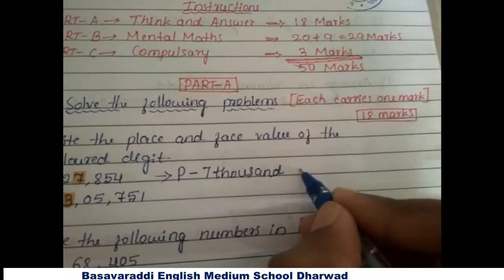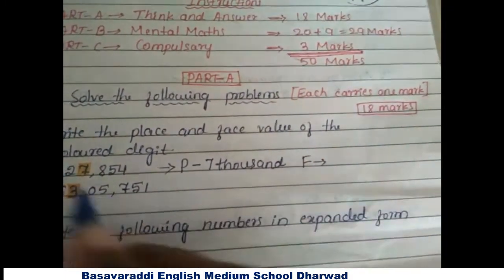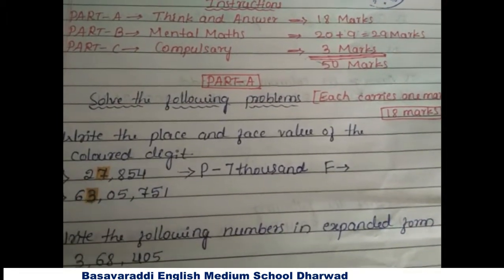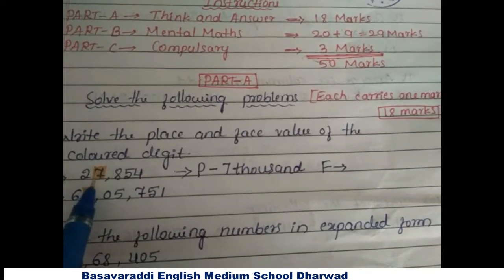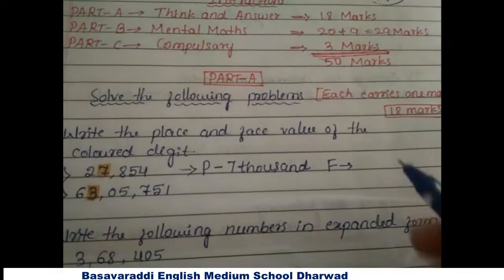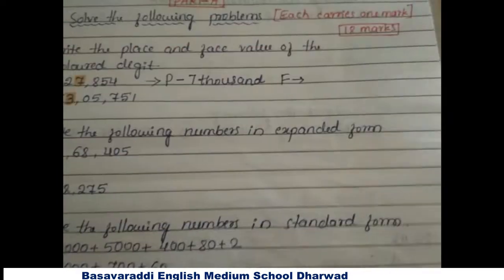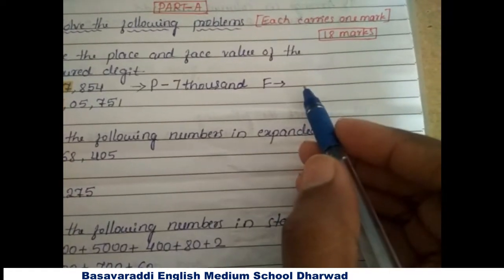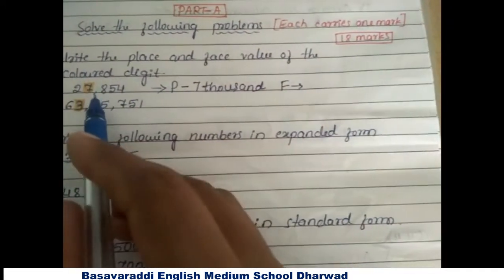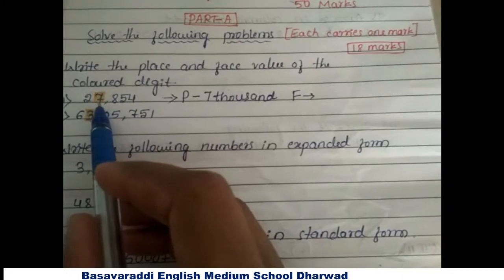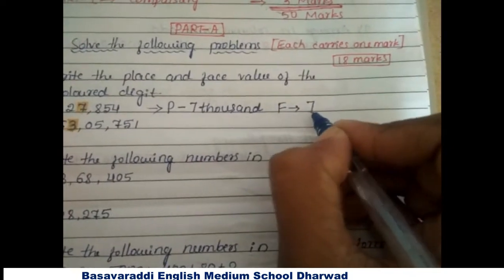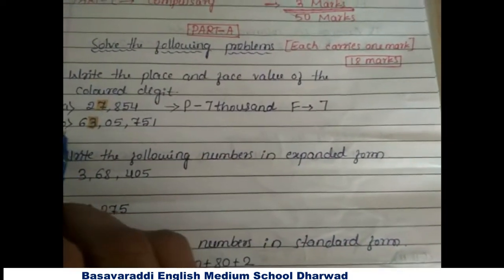And the face value means the value of the digit itself. The face value of 7 is 7.